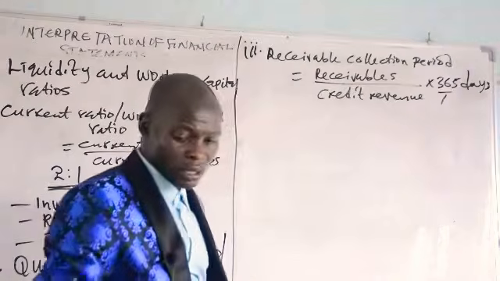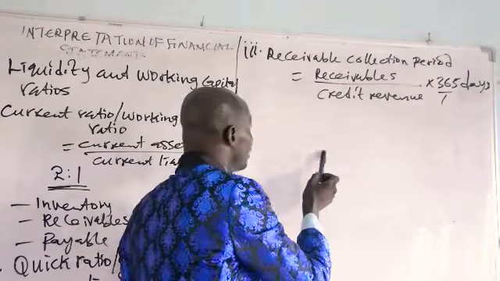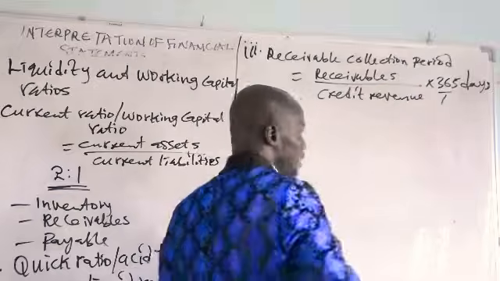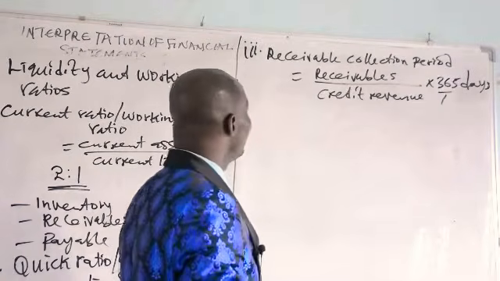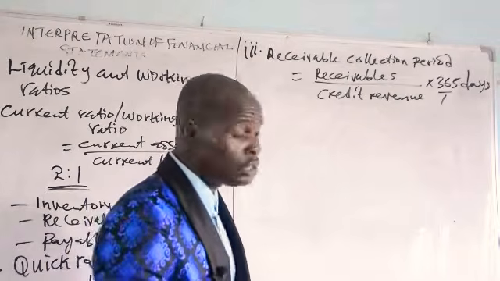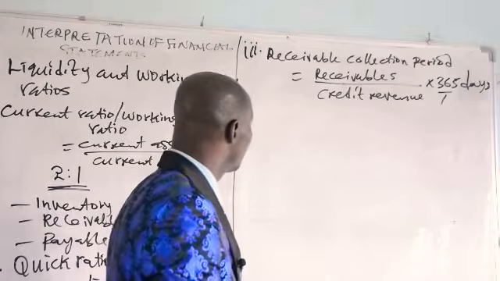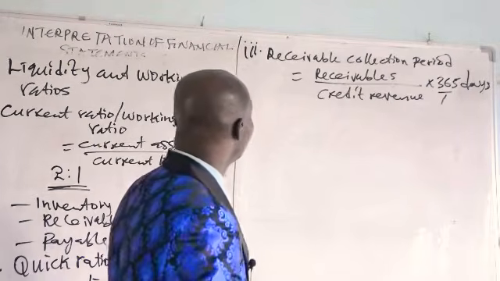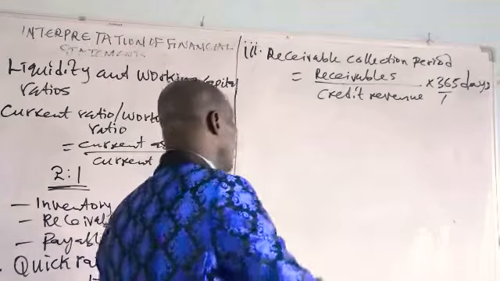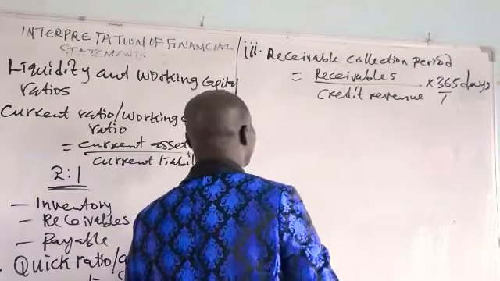If this is too high, that means you do not collect your money from your receivables, your debtors, on time. You delay in receiving your money from the debtors. The reason could be that your credit policy is bad. So the lower will be better.